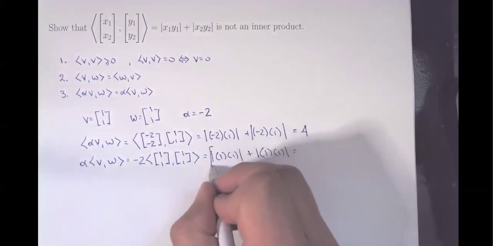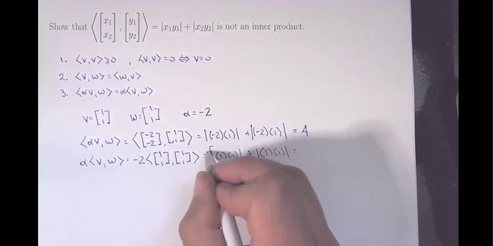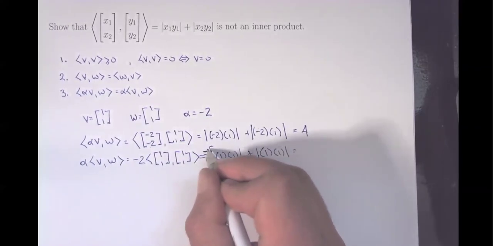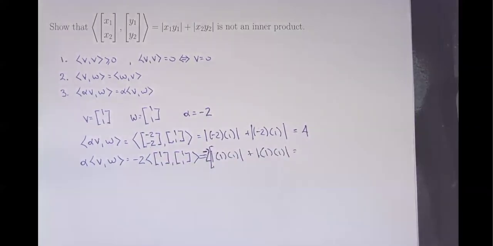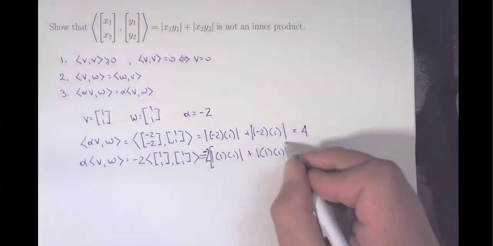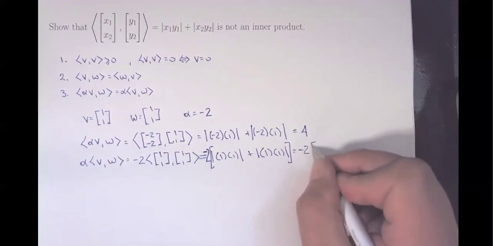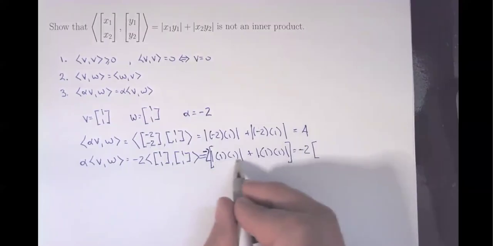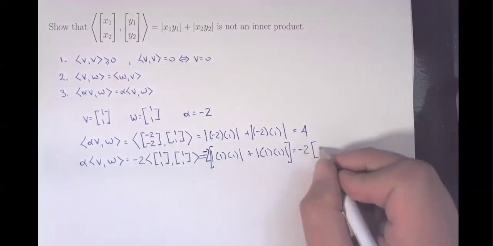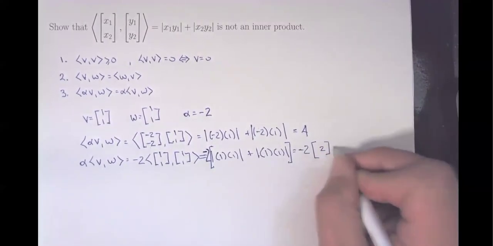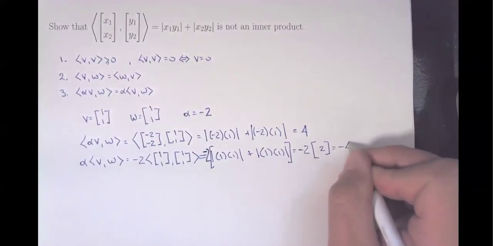And that whole thing gets multiplied by -2. So that's -2 times 1 plus 1, which is 2. So that's -4.